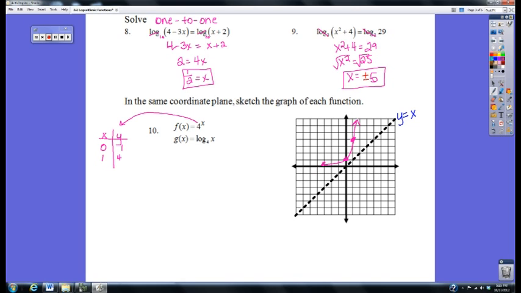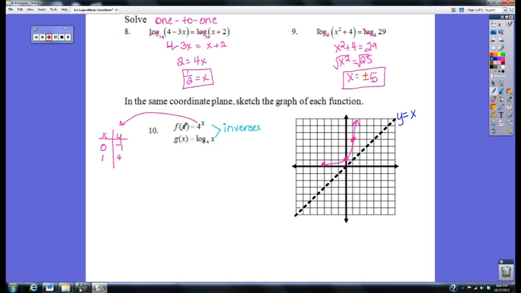Now today we're looking at logarithmic graphs, and these two are going to be inverses of each other. Back in chapter 1 we talked about inverses a lot. And to find the inverse of a graph, hopefully you remember that you switch two things: you switch the x and the y, and then you solve for y.